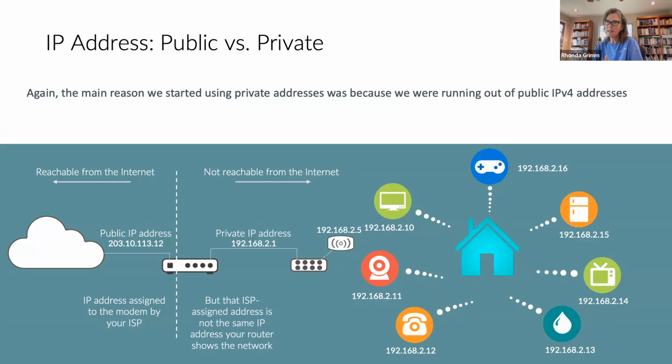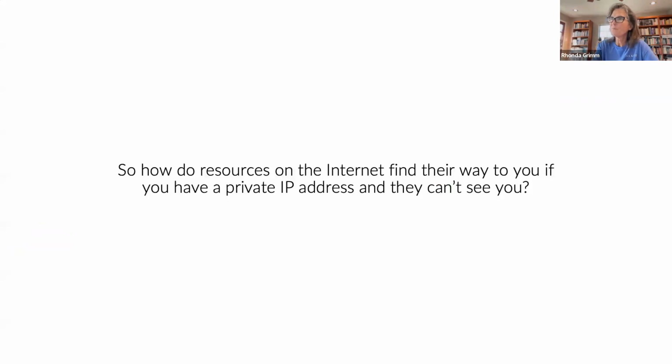So I'm going to get a private IP address, 192.168.2, and then I'm going to give every individual device a unique number. Now, it's all hidden. It's not reachable from the internet. Everything is behind this firewall, if you will, and these are just private addresses, and the router takes care of that. So public address on the one side, and then private address with all the devices on the other.